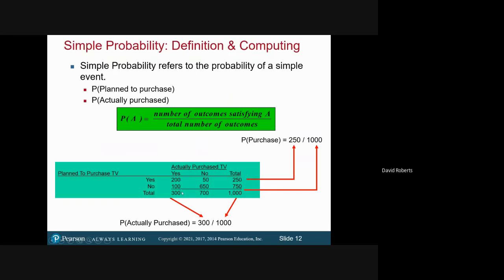But it actually turned out that more people than you had thought, because remember, 250 said they were going to buy a TV, 50 of them dropped out, but out of the 750 who said they weren't, 100 newcomers came along. So 300 out of 1,000 people actually bought a TV. So that's from the yes column divided by the total.